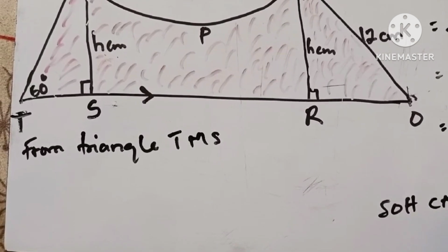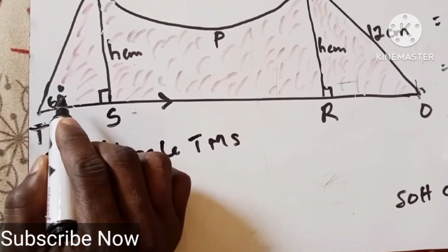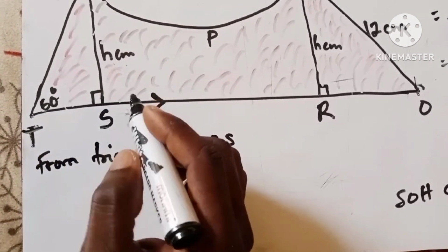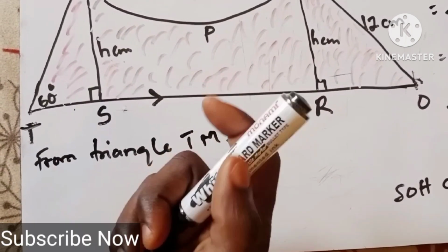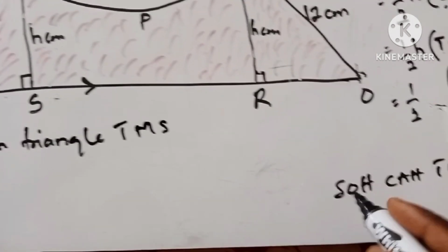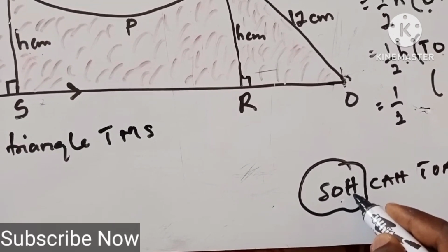Using that, with that in mind, we can say that sine theta is what you are going to use. So sine theta, that is going to be SOHCAHTOA, opposite over what? Adjacent? Oh, that is going to be opposite over hypotenuse, right? Yes, that is opposite over hypotenuse.